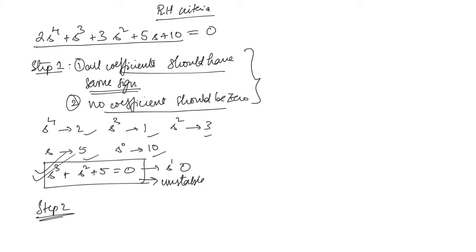For our example, all the coefficients are of the same sign and none of the coefficients is 0, so we will proceed with the second step. Here we have to construct the Routh table, or you can say Routh array.